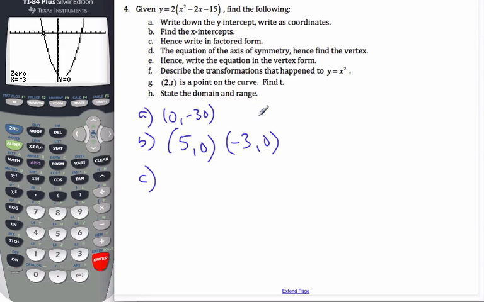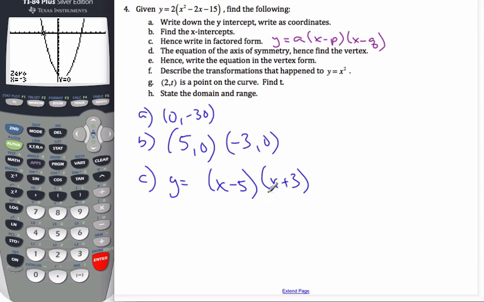So now I have to change it to factored form. To recap, factored form looks like y is equal to a(x - p)(x - q), where p and q are the x-intercepts. So if I go y is equal to, we'll leave this blank for a moment, (x - 5), opposite sign, and then (x - (-3)), which is (x + 3).